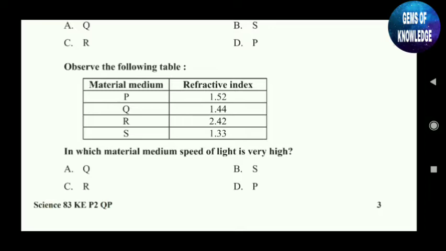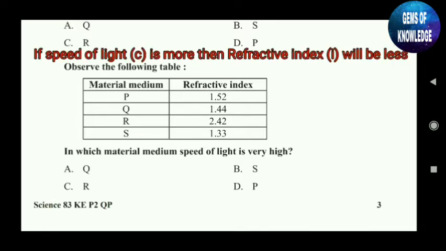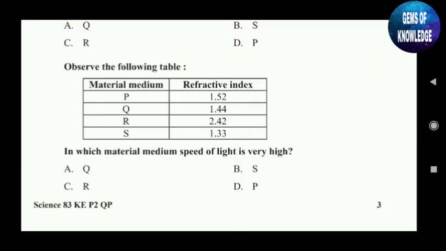Okay, so here we have to remember one thing, that if the speed of light is more, then the refractive index is less. It is reverse. If the speed of light is very high, it means the refractive index must be very low. So according to that, the refractive index which is very less here is for the S material medium, that is 1.33.